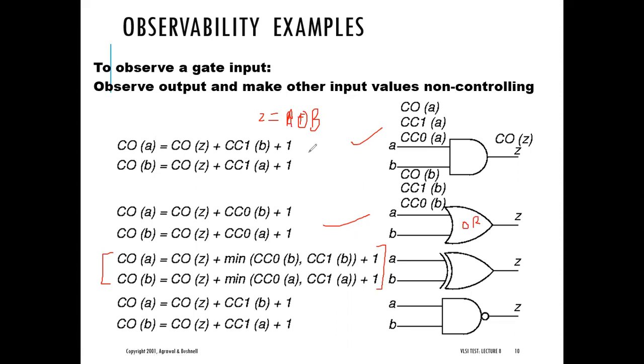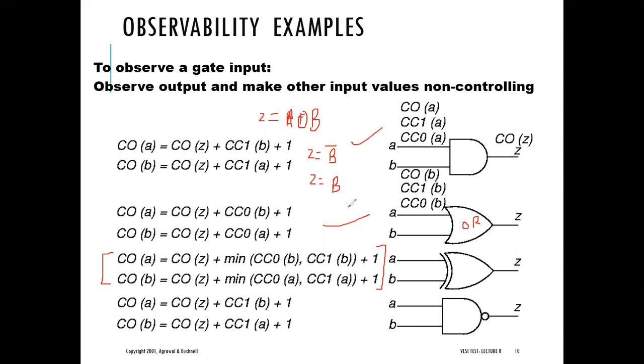It will be propagated as Z is equal to B complement. And if you put A is equal to 0, that will be B. Simple.